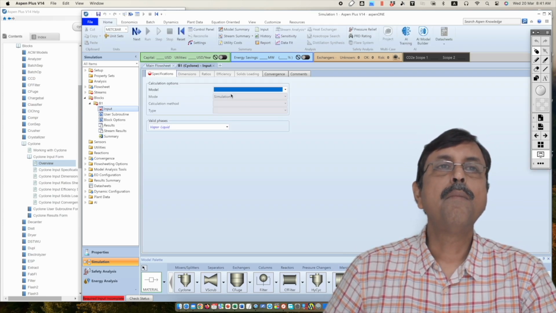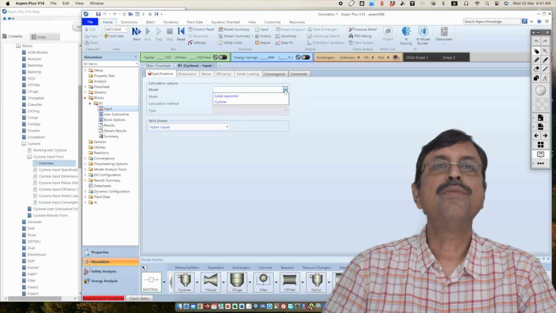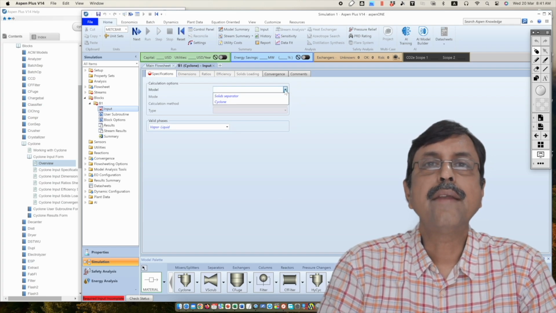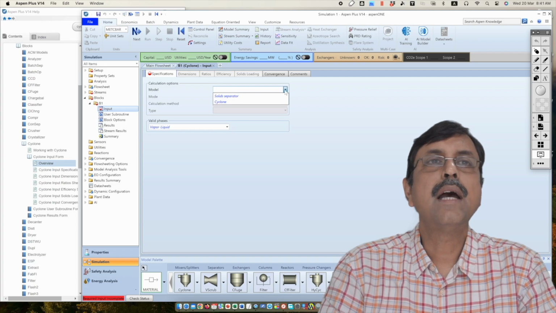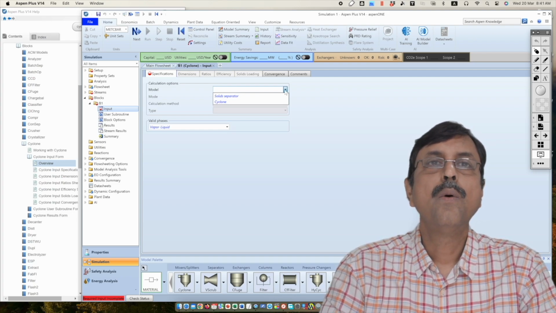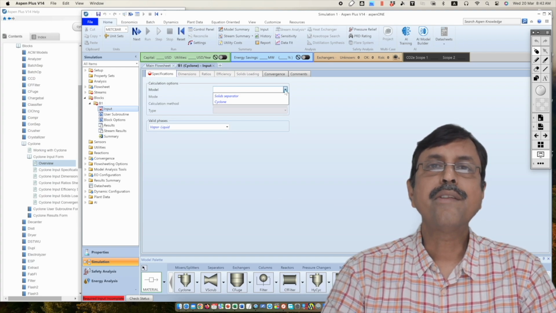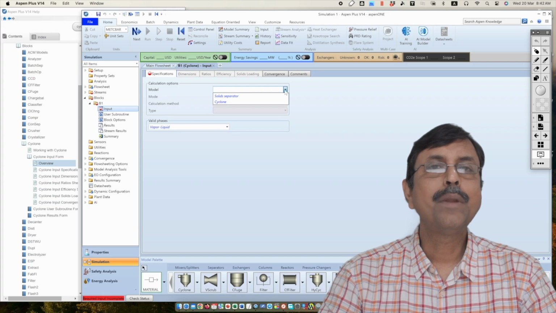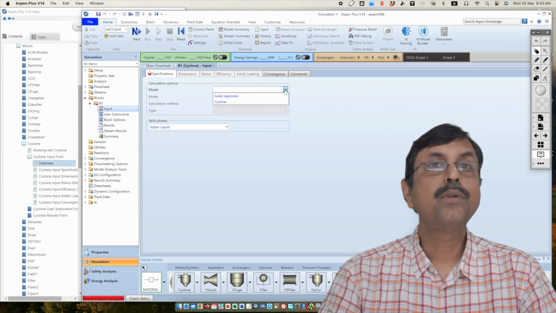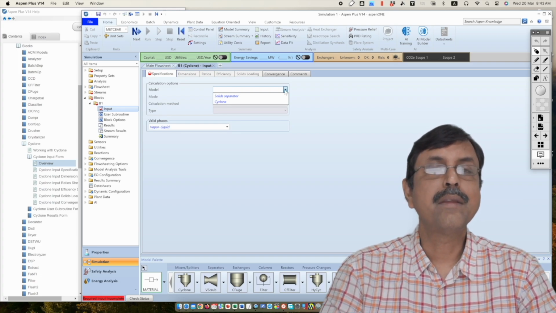Now in model calculation option, you find that there are two ways that you can perform the calculation. One is solid separator and the second one is cyclone separator. In cyclone separator model, the calculations take place according to the theory of cyclone separator.